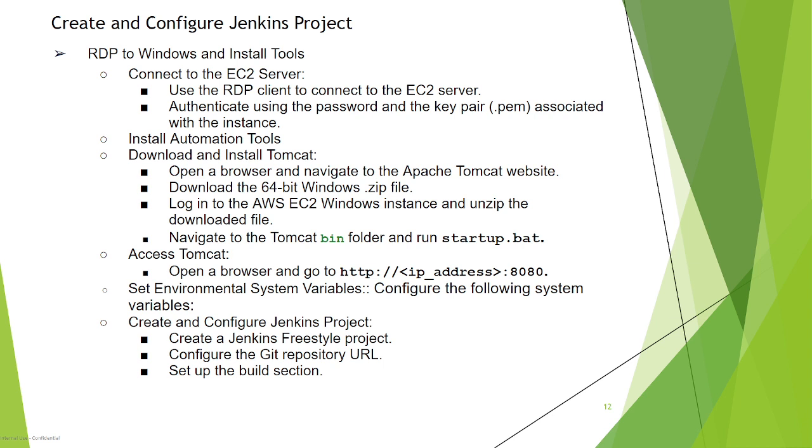Once you have RDP to the Windows machine and installed all the tools, connect to the EC2 server and use an RDP client to connect to it. Authenticate using the password and key pair .pem associated with the instance. So you will need a .pem file to connect to your EC2 server.